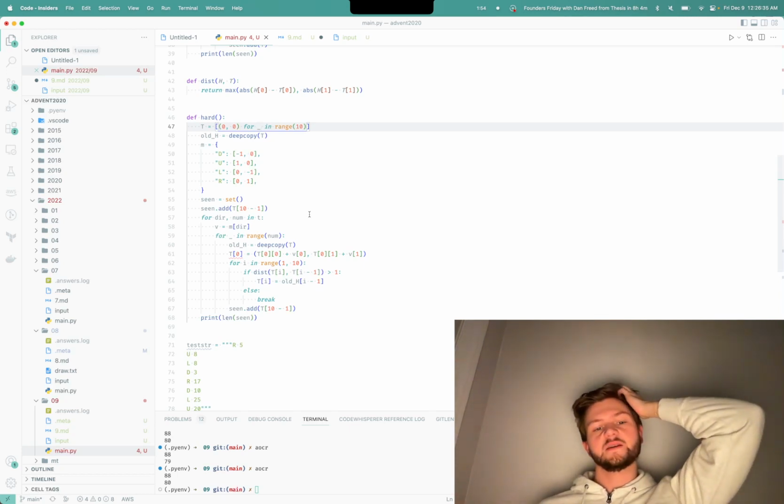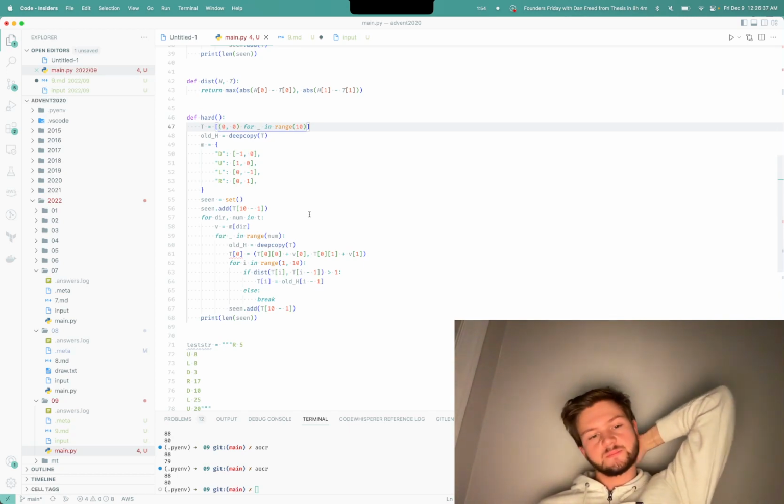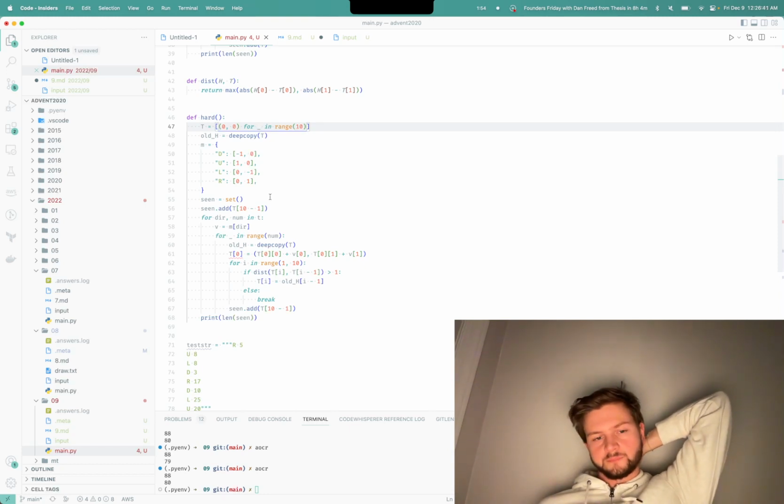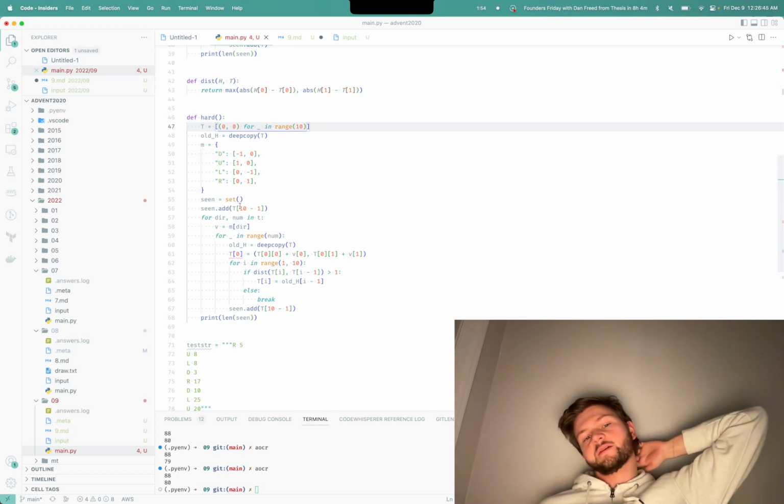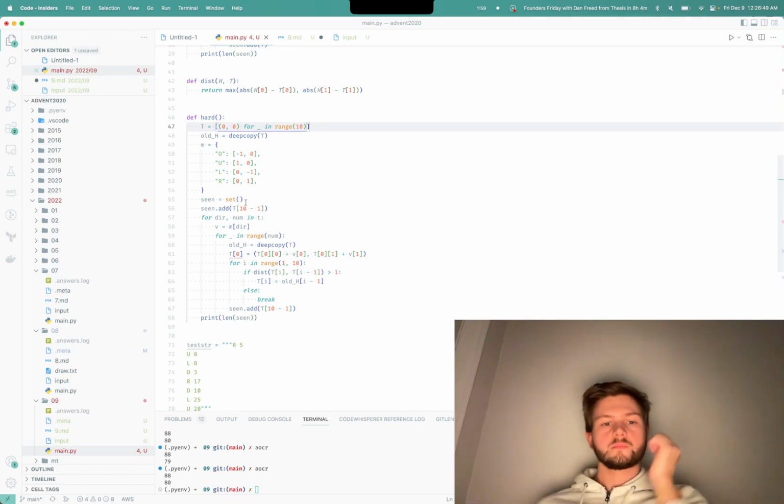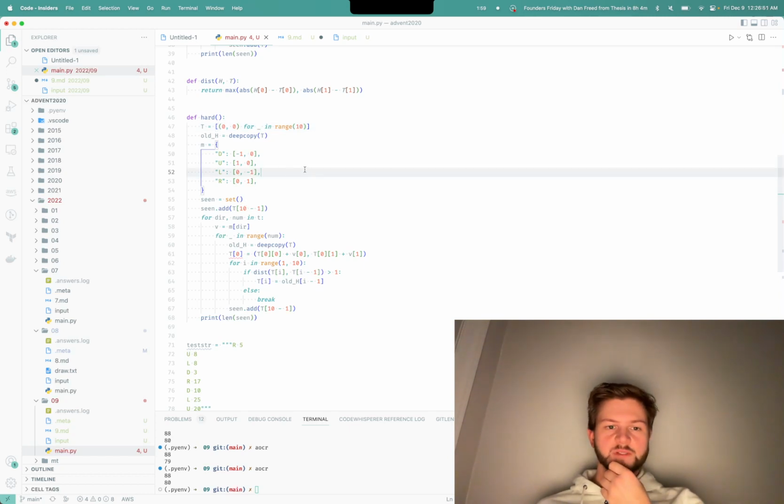And I'm always moving the head by the same vector. This movement hasn't changed. And I'm adding the tail, which is the n minus 1th index. And we're starting with 0, 0 for all of them.